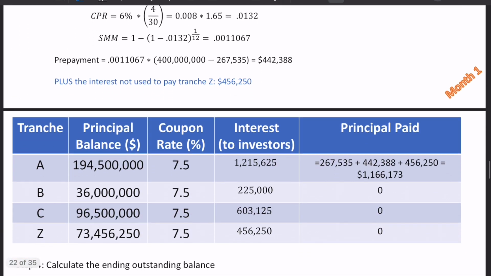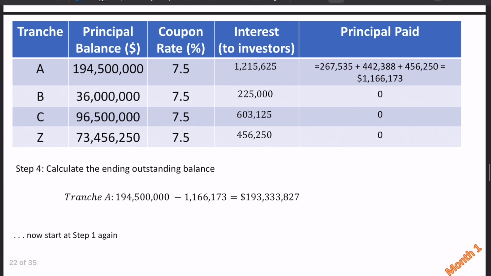Now the new ending balance is going to be a lower number. So the ending balance after the first month ends up being $193,333,827. And then you would work through that again for the next row in the table.